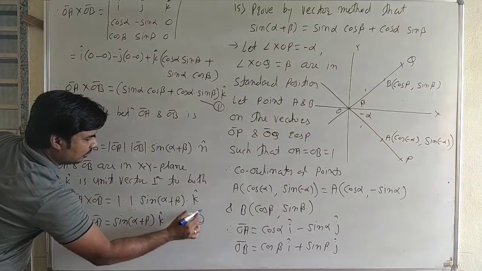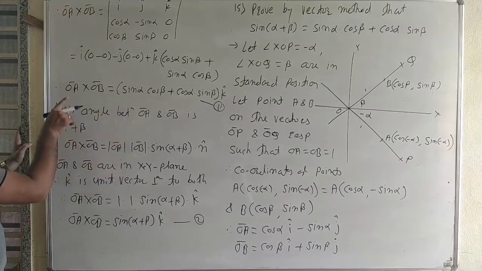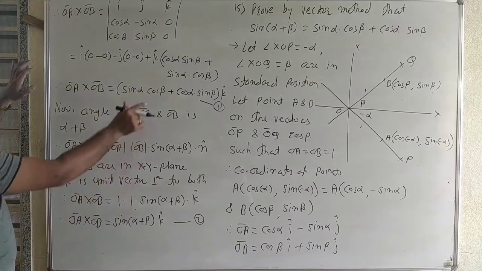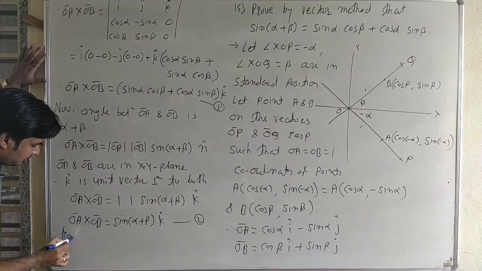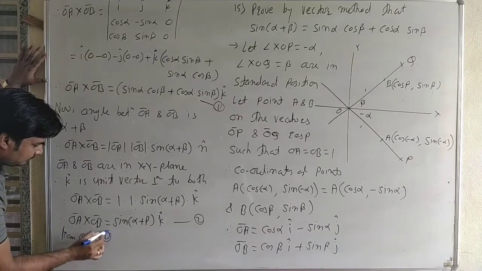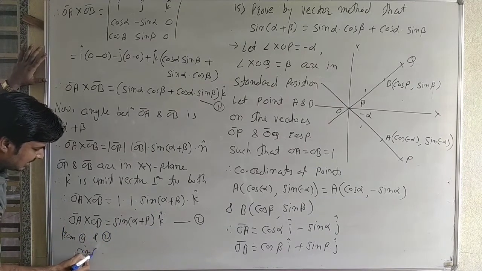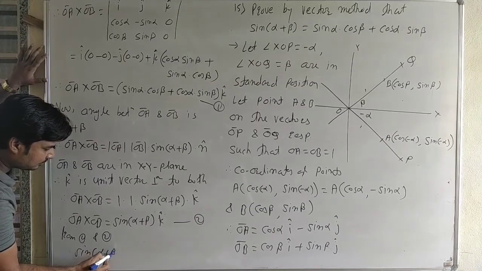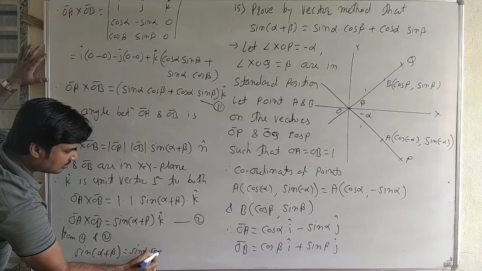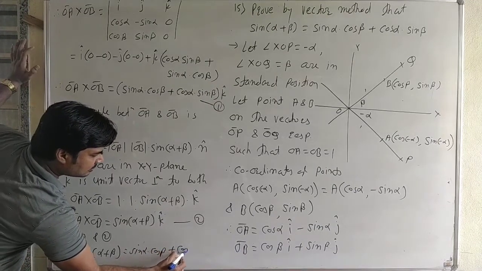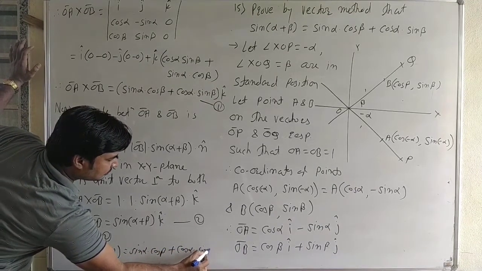It is equation number 2. Then from 1 and 2, sine alpha plus beta is equal to sine alpha cos beta plus cos alpha sine beta.